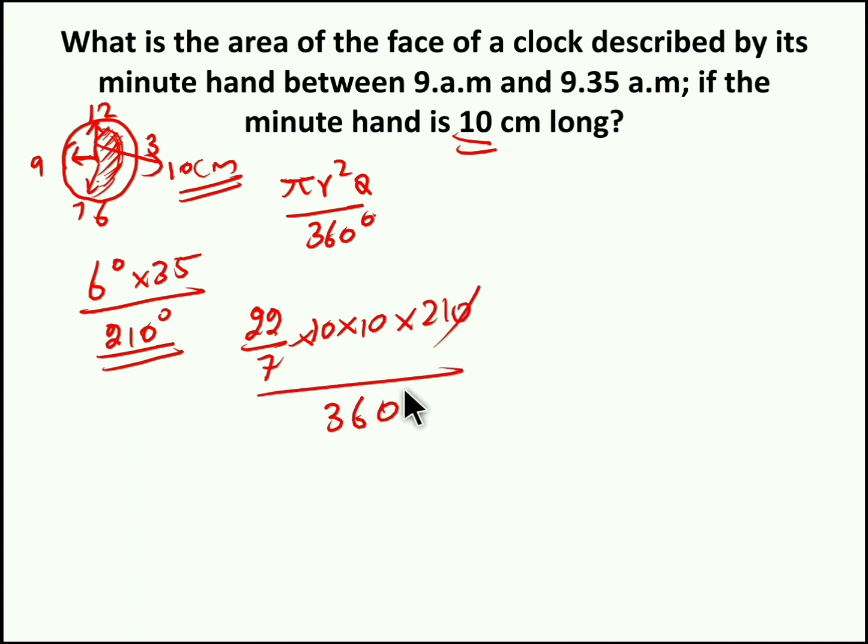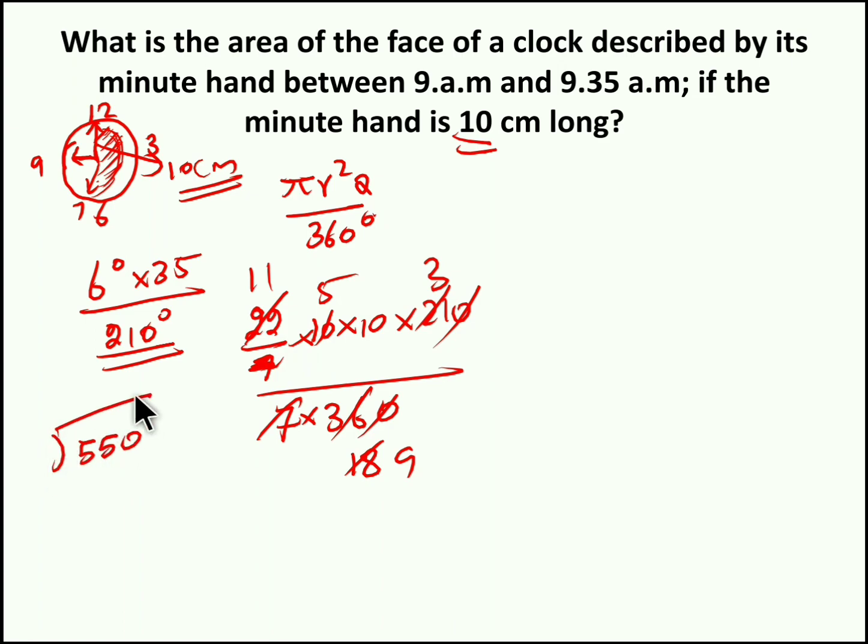So when you cancel it, you will get 0 and 0, and here you have 7 at the bottom, right? 3 times. So when you cancel this, you get 550 by 3.